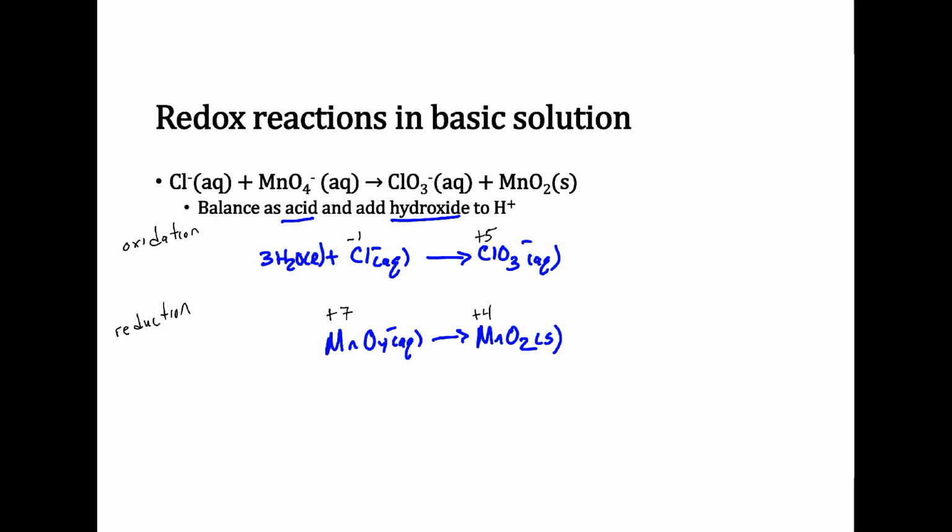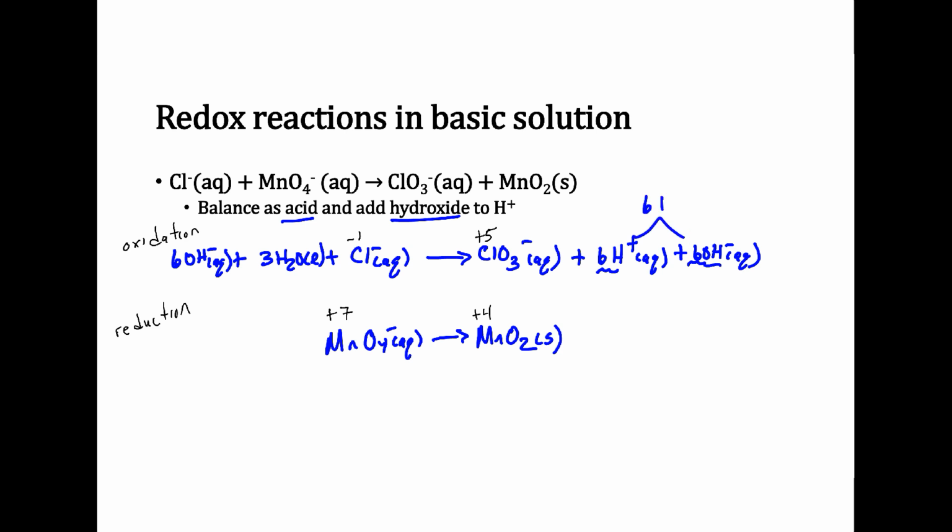Okay, so now that we've added the 3 waters, we have to balance the hydrogen. So we have to add 6H+ over here. But since it's in a basic solution, we need to neutralize these H+'s with hydroxide. So we'll add 6 OH-, so 6 hydroxides, to both sides. So whenever the hydrogen ion and hydroxide come together, they go on to form water.